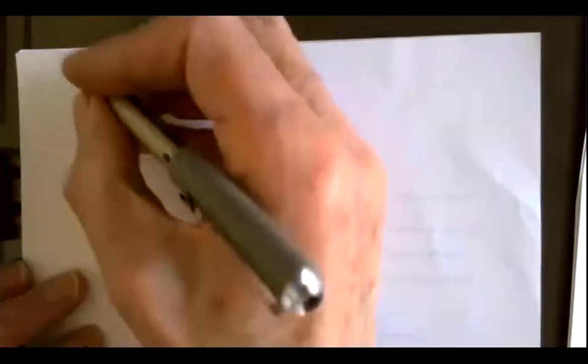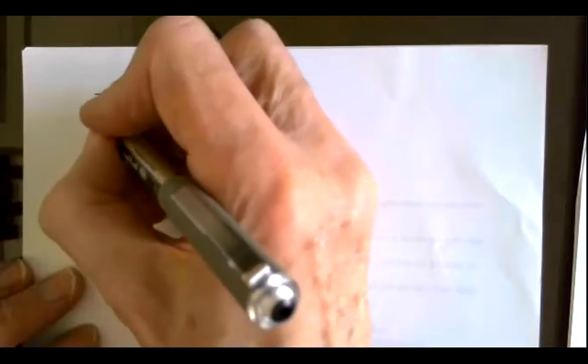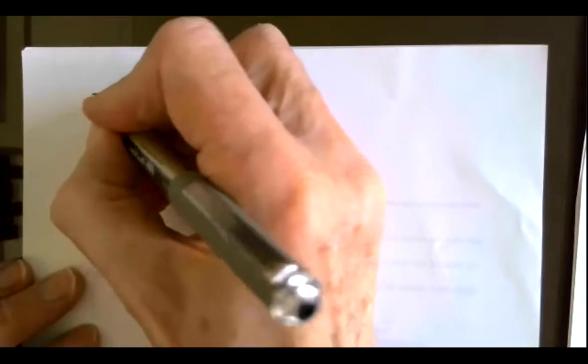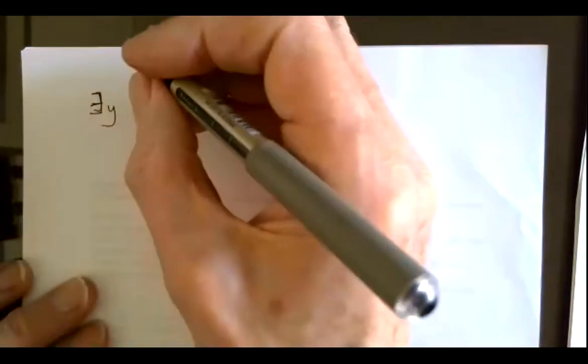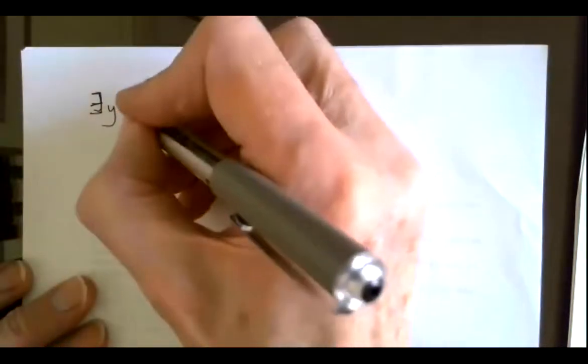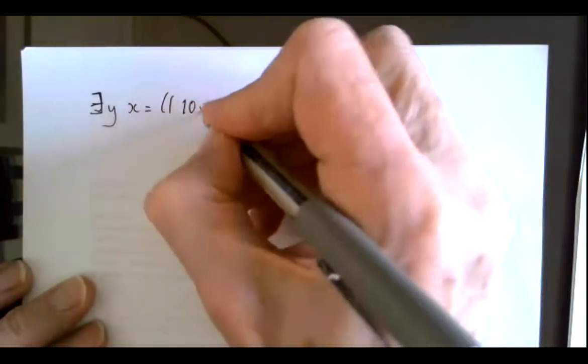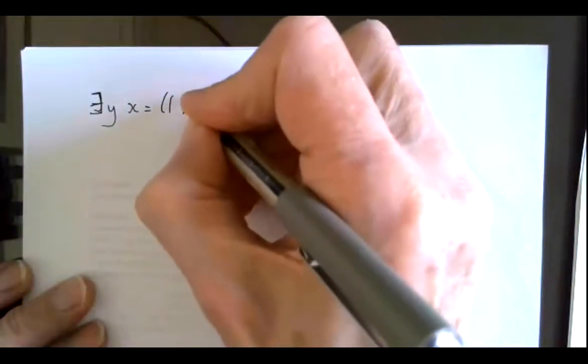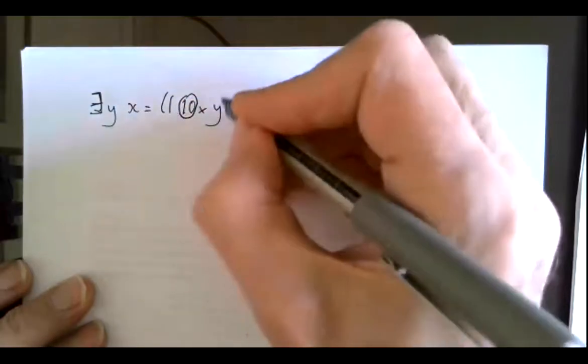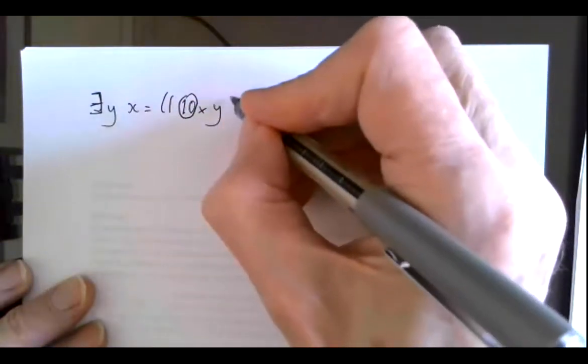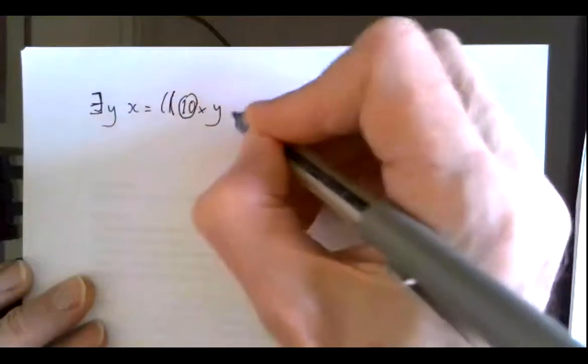So let's consider this formula here. Here's the numeral for 10. Let's say 2 brackets here.